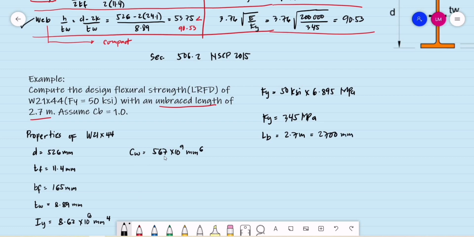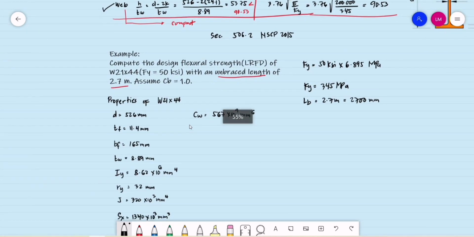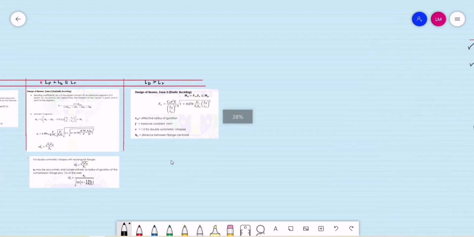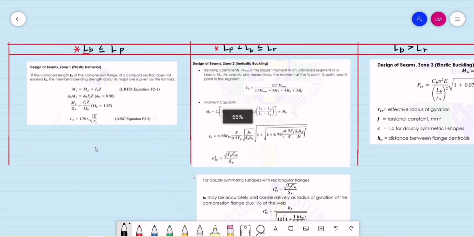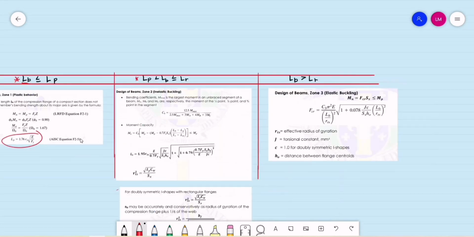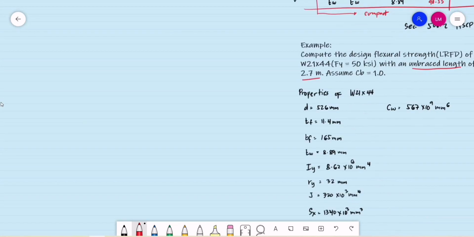Now we need to check which zone this unbraced length is under. If we proceed from our previous discussion, let's first get the value of L sub P. L sub P is 1.76 Ry multiplied by the square root of the modulus of elasticity over Fy.